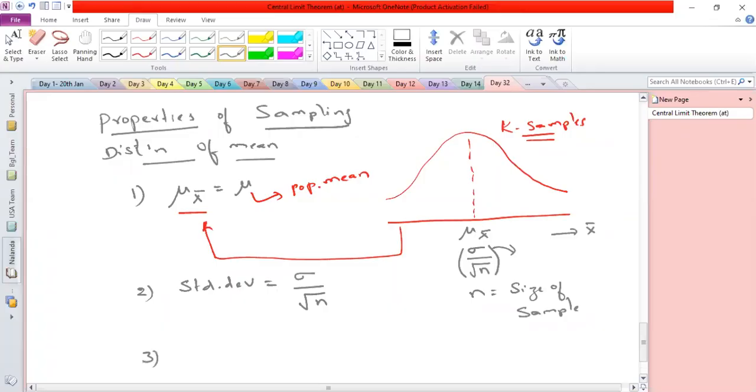Third one, if my sample size is greater than 30, the data distribution, this curve, becomes a normal distribution.